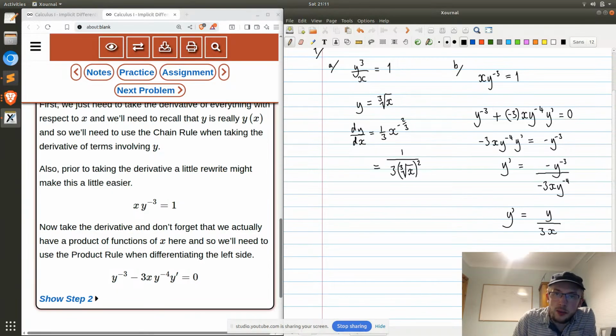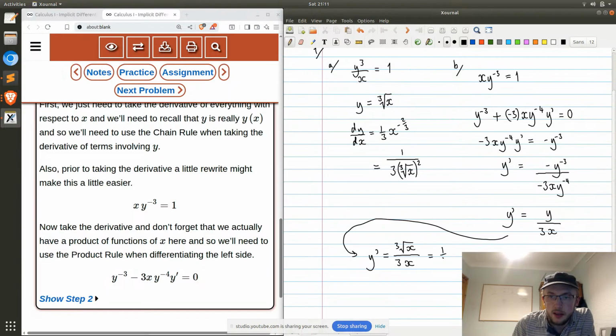And then I could replace this y on the top with the cube root of x, couldn't I? So y prime is equal to cube root of x over 3x, which is x to the 1/3 over x to the 1, so x to the negative 2/3. That would be a third of x to the negative 2/3, and so they do match in the end.